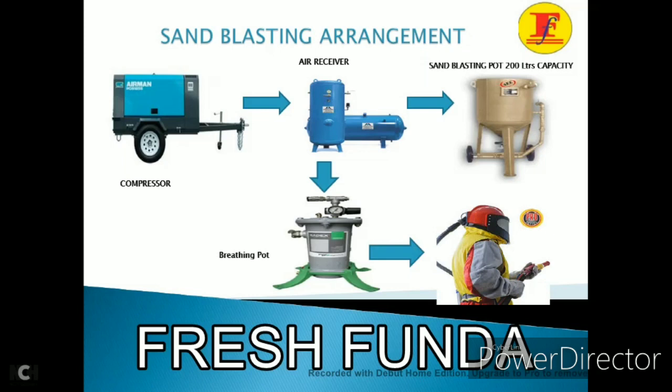From the air breathing pot, one hose is the sandblasting hose, and this is the air breathing helmet. One pipeline is going to the air breathing helmet. So why is this air breathing pot required? It helps people to take breath, fresh air.